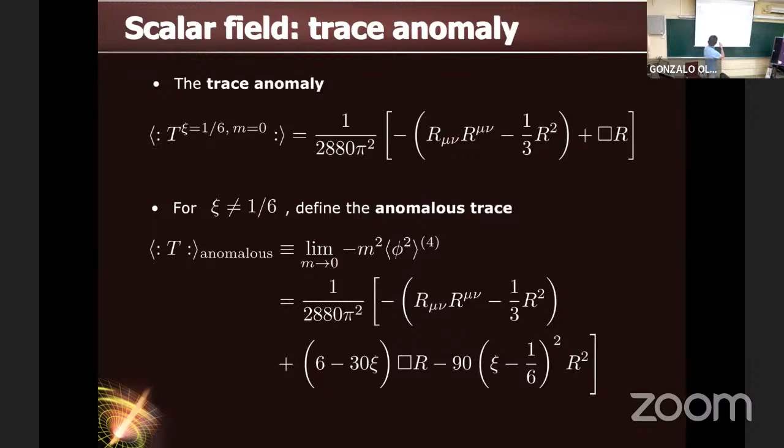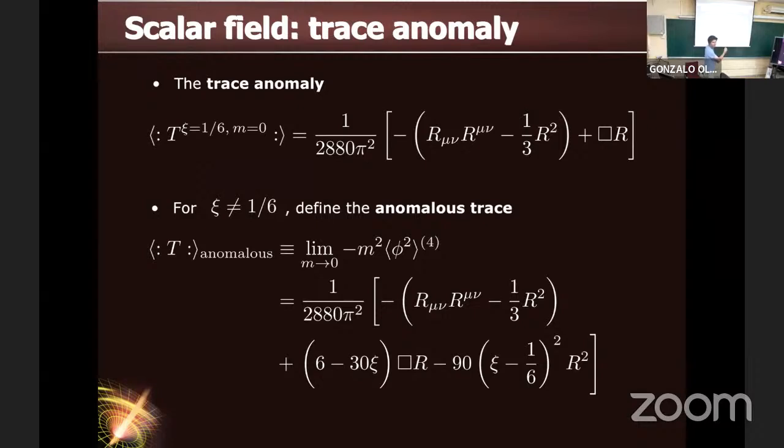So this is how you can get this kind of results with the adiabatic method. But what happens when chi is not 1/6? Then the first two terms that I was talking about no longer vanish, so they will also give a contribution. Also, the whole trace is divergent up to fourth adiabatic order, so one order bigger than the other case, but you can still get an extra contribution due to this quantum effect, and this is what is called the anomalous contribution, which is just this term.